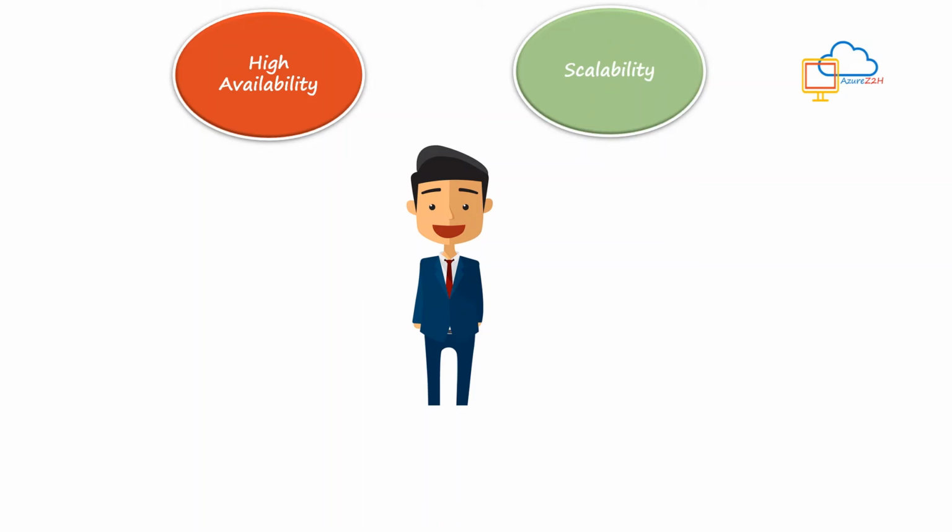Example of horizontal scaling and vertical scaling. Let's consider a scenario where there's a web server hosting a website, like a university website. Tomorrow at 1 p.m. there is a result, and the university knows that there will be a huge number of web requests coming to their web server.